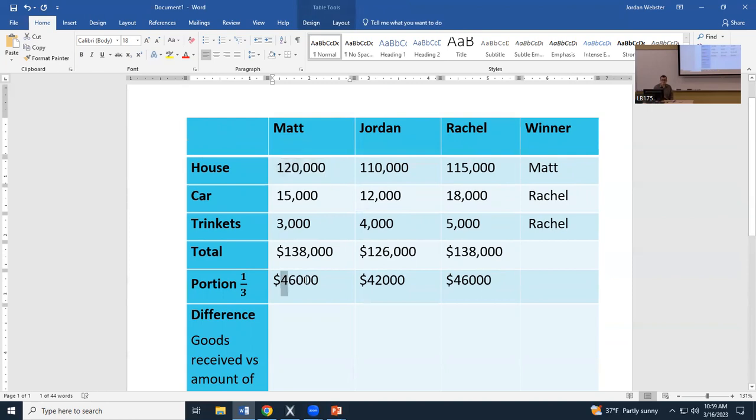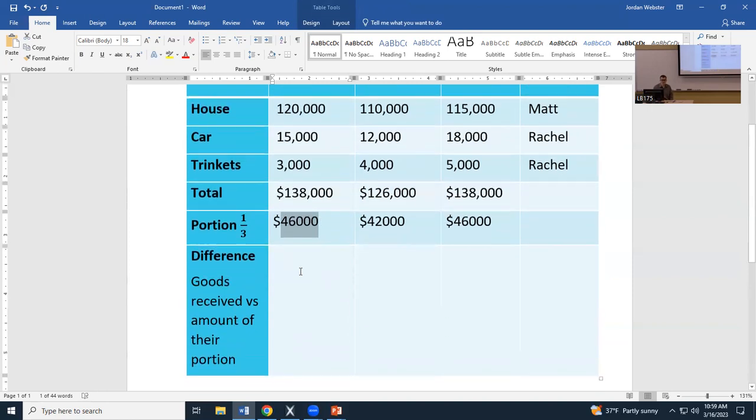But his portion was only 46,000. So the difference is 120,000 minus 46,000, which is 74,000. Let me write that on one line. Is that okay, everybody? So Matt's difference is 74,000.